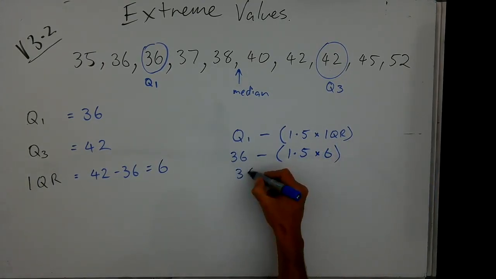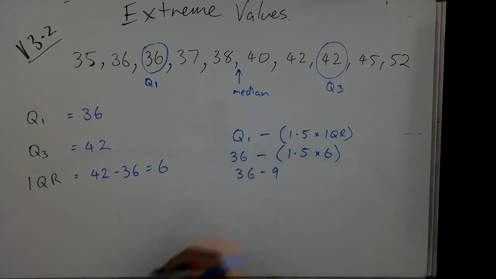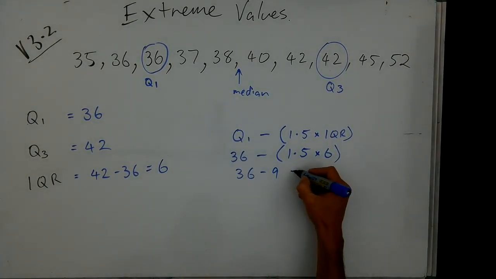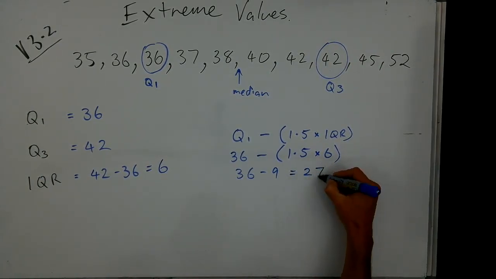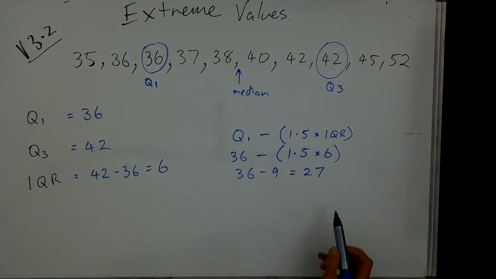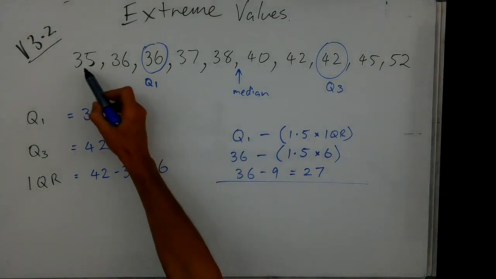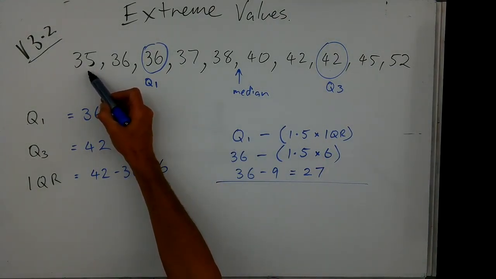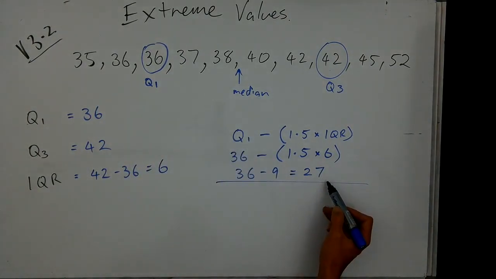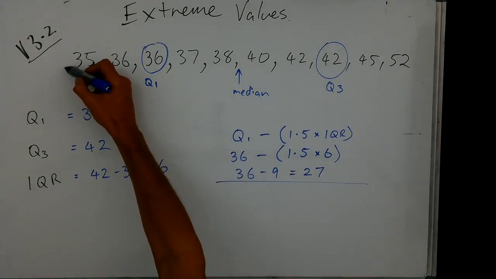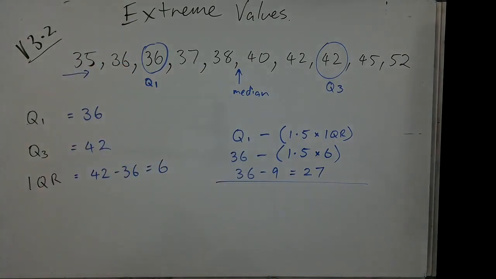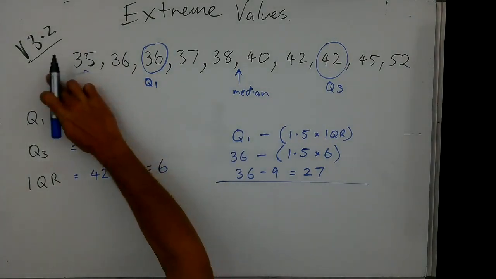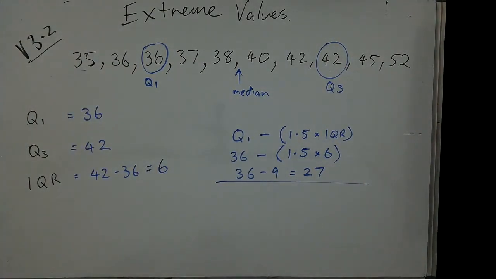So 36 take away 9 is 27. And because our lowest value is greater than 27, then these are all well within our data range, and 35 is not an extreme value.